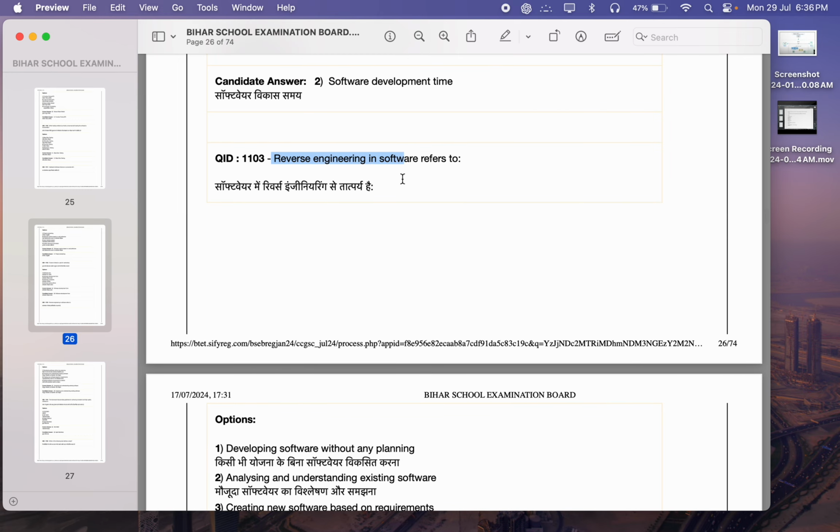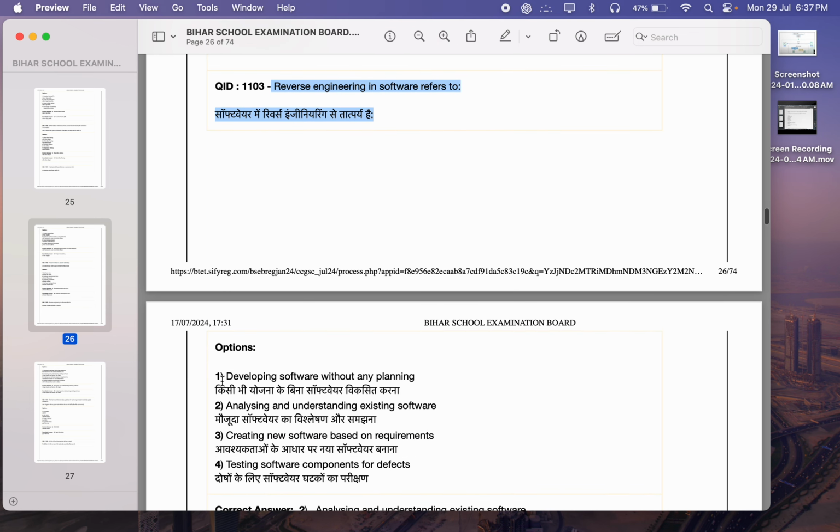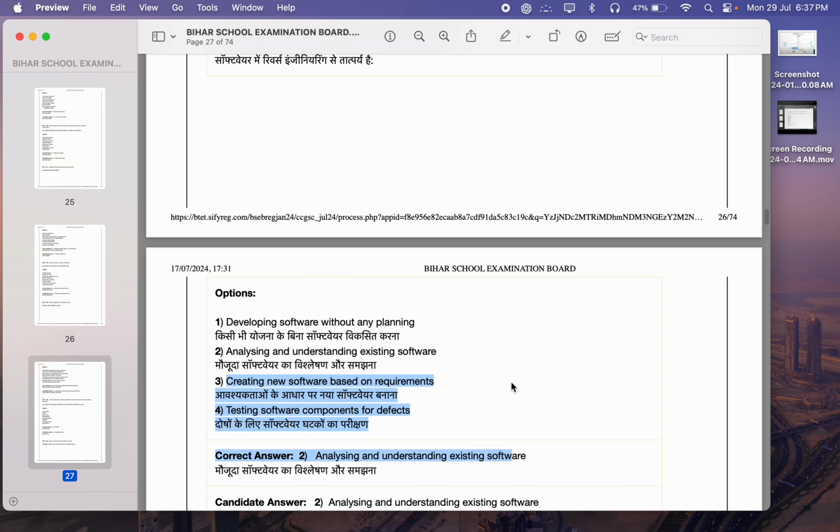Again, coming to this question, reverse engineering in software refers to. So we want to reverse engineer a software, right? There's already a software. We want to understand how it was made. So we are not developing a software, but analyzing and understanding existing software. This can be a right answer. Creating new software based on requirements? No, no new software.